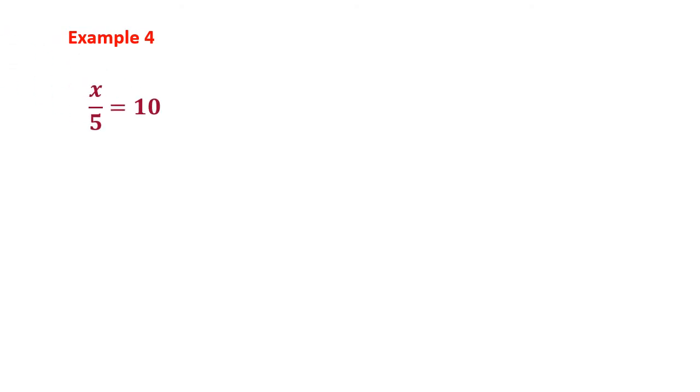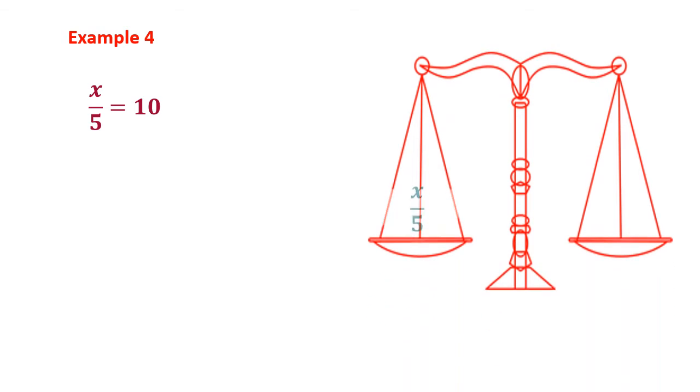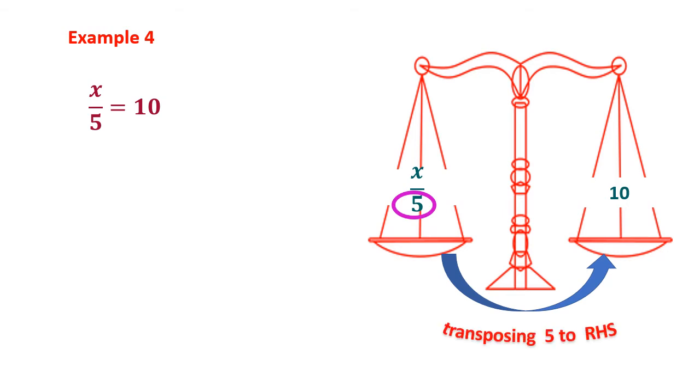Here we have taken x upon 5 in LHS and 10 in RHS. Our purpose is to eliminate 5 from LHS. For that, we will transpose it to RHS.